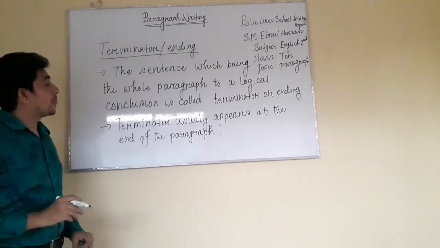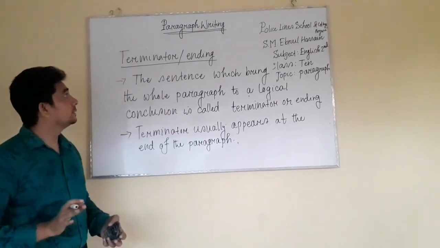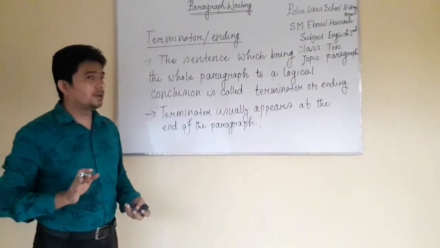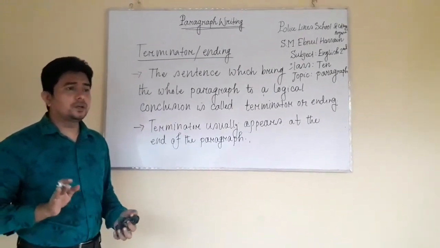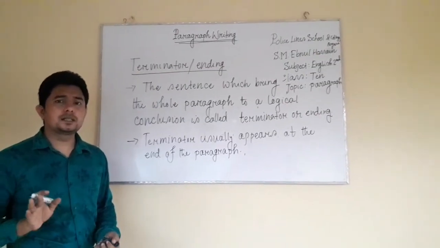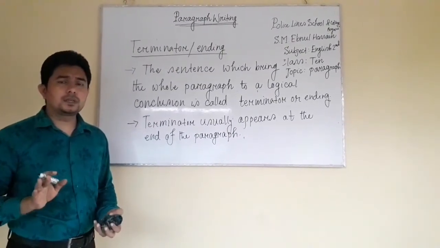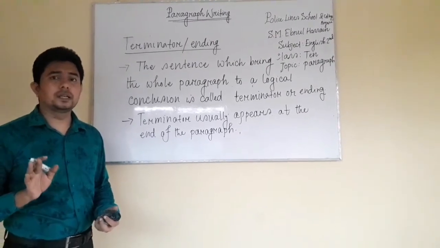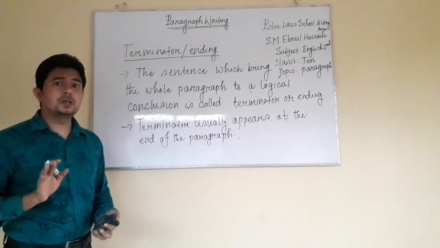So we already know that these are the three basic parts of writing an ideal paragraph. An ideal paragraph must have three parts: the topic sentence, the developers or middle, and the terminator or ending.